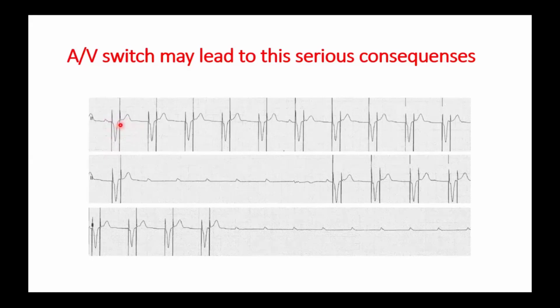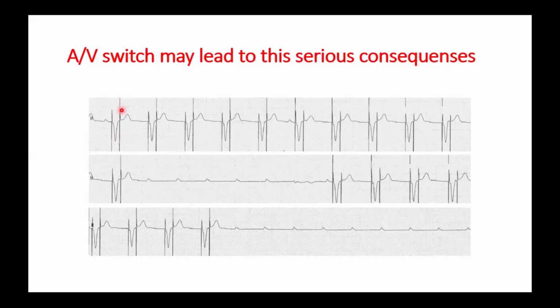And there is no conduction, no retrograde conduction here. So the second spike is the atrial spike, because this is the lead which is placed into the ventricular port.